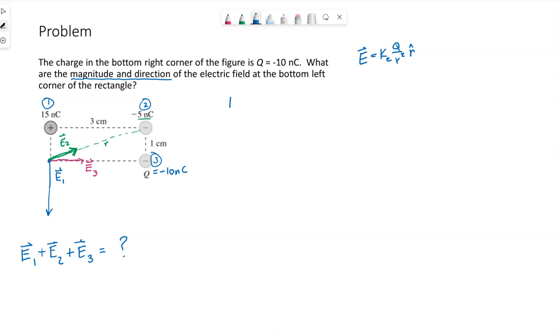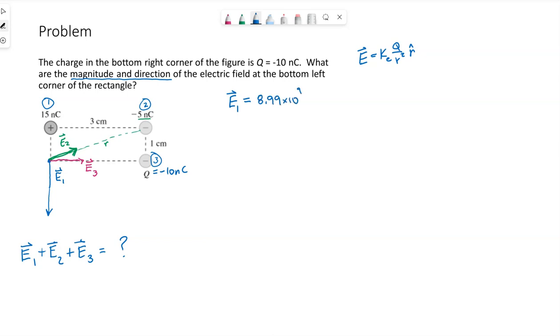So E1, we have to write all of these in terms of their x and y components because to add vectors, we can only add x components to x components, y components to y components. So we need all 3 of these in terms of x and y.